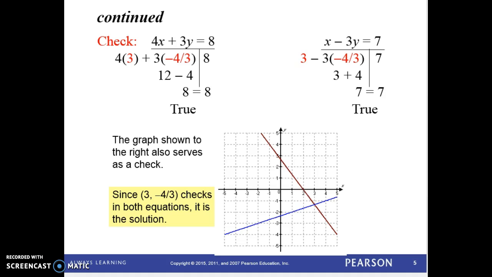Ultimately, there's going to be one method that's easier than others. You can use any of these methods to solve any system. It's more preference and what's easiest for that particular set of equations.